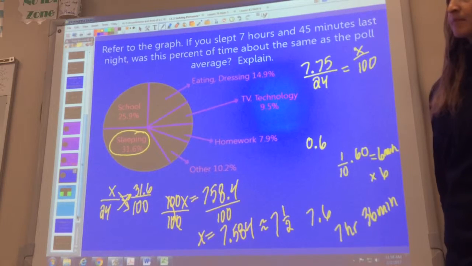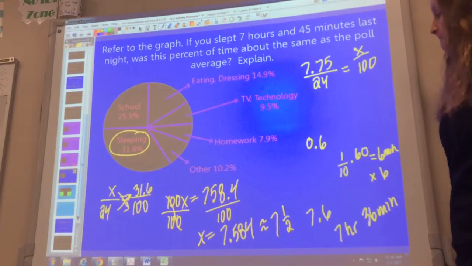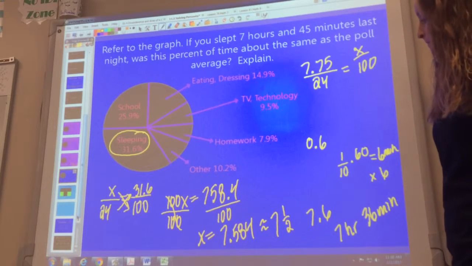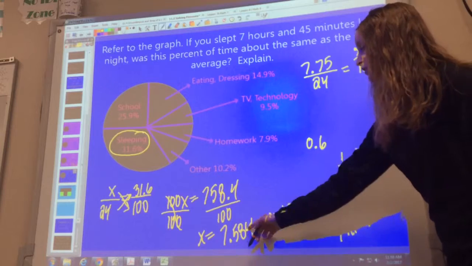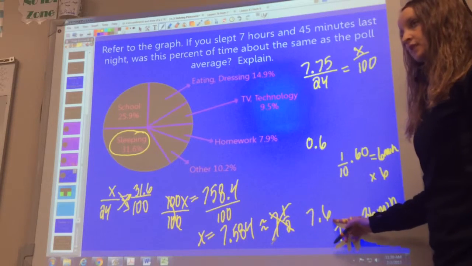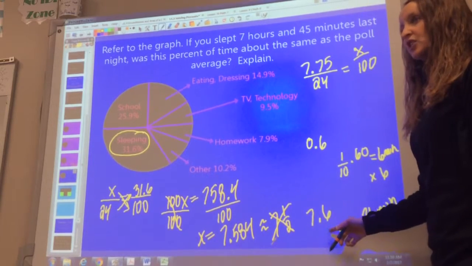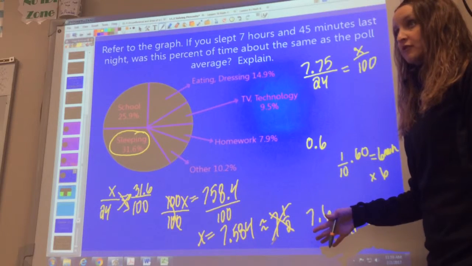Question? About once you get the about 7.5 hours, I don't get what. Okay, so I kind of crossed that out and actually made it 7.6. And 0.6 doesn't really tell you anything other than it's a little over half.